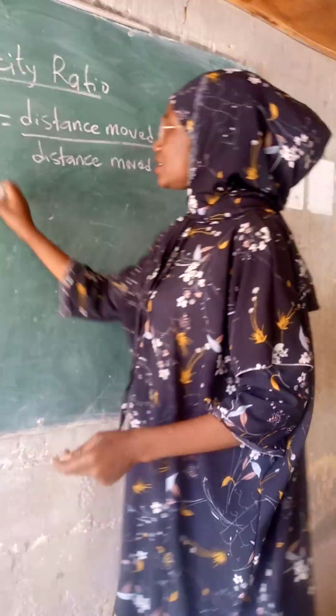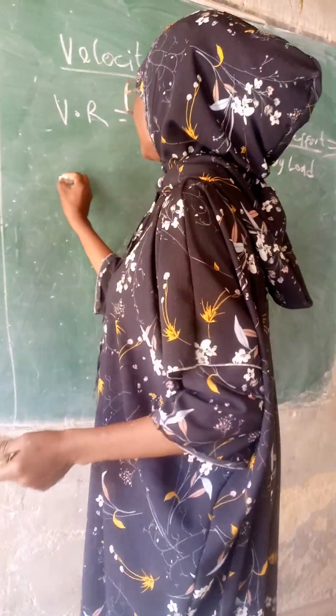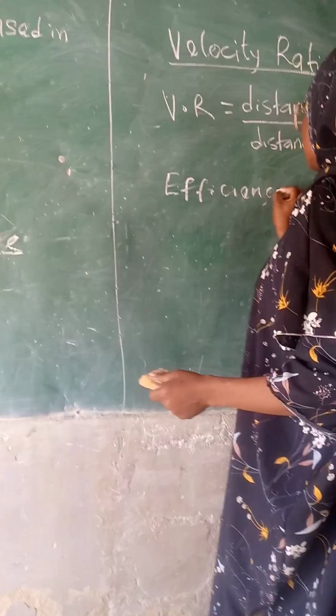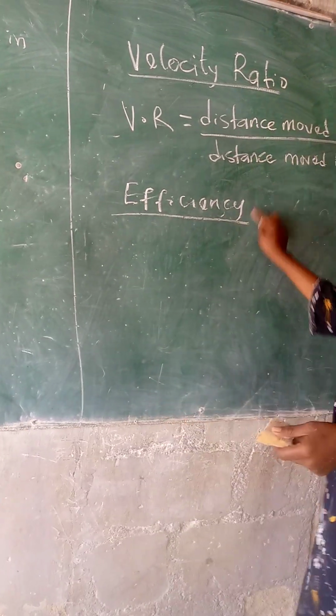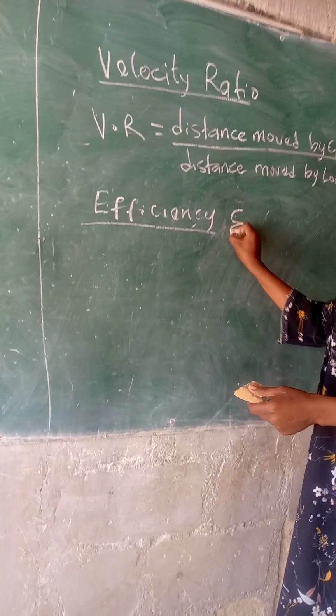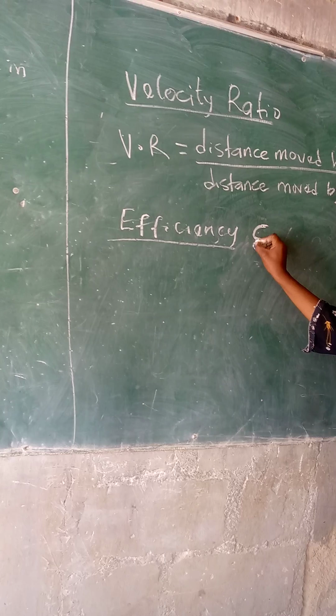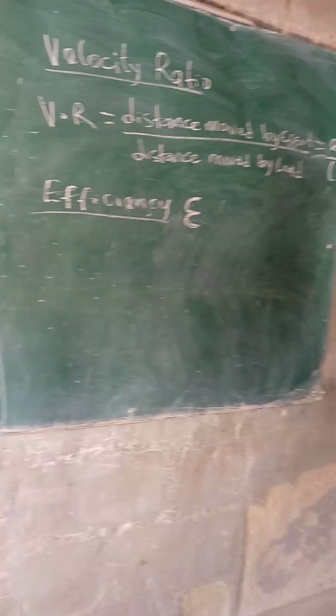Now efficiency. Efficiency is denoted with this symbol. I don't know what the name is, but it is denoted with this symbol, like the inverse of 3.